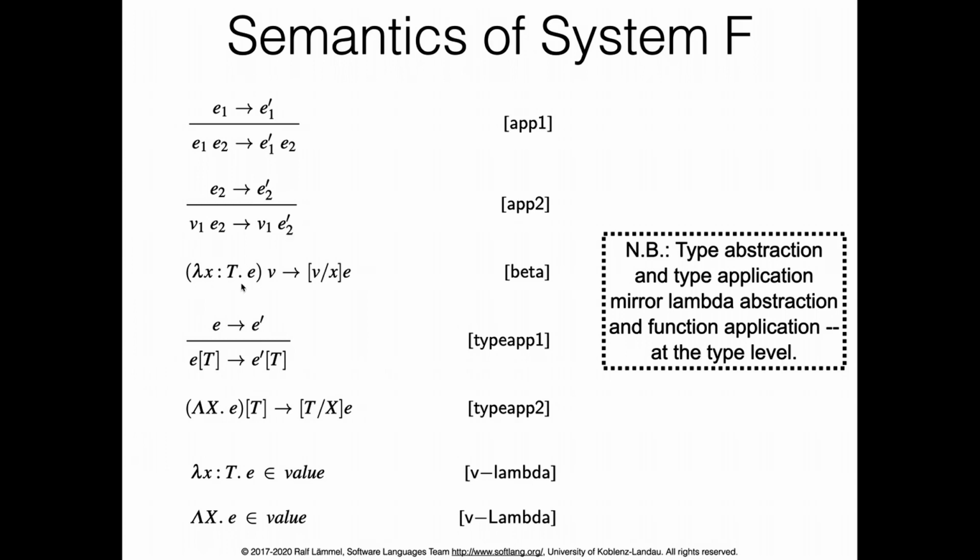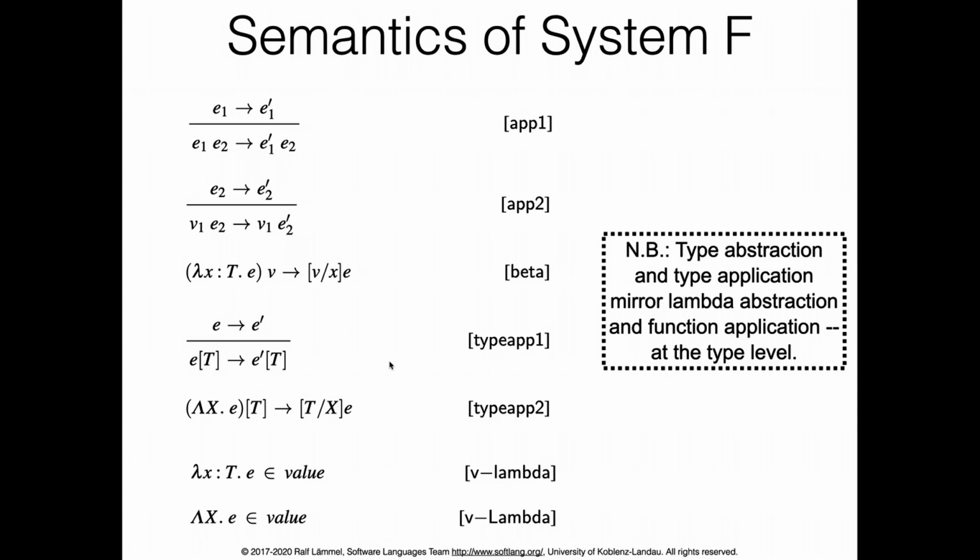Once both positions are in value form, we can actually perform the beta reduction. That is, we can substitute the argument within the body of the function. So this is just normal lambda calculus.